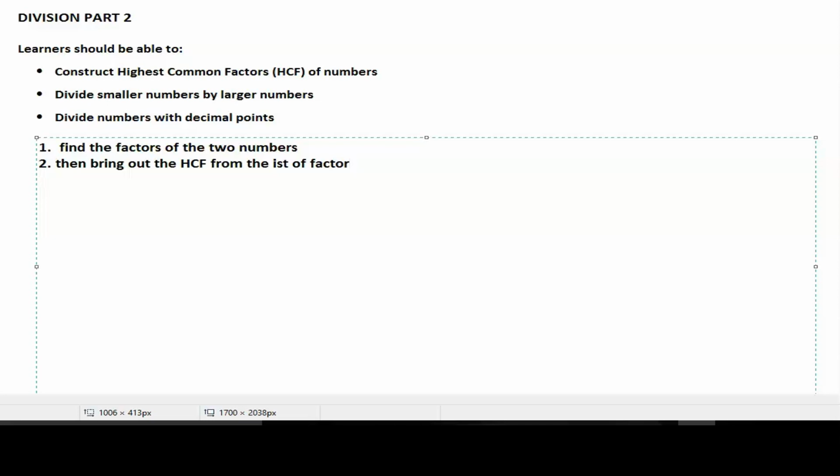Three, divide both numerator and denominator by the HCF. That's it.